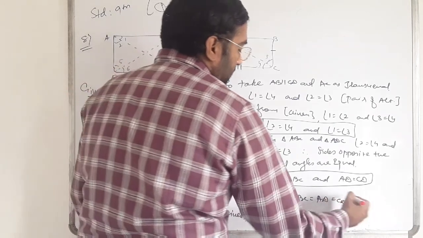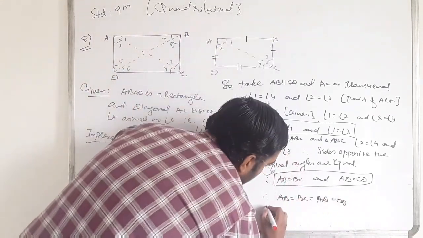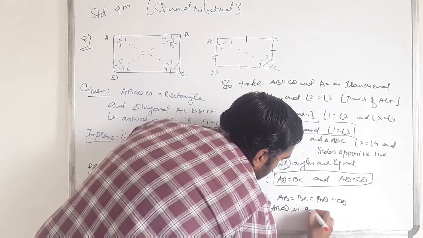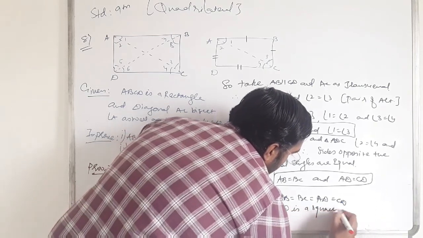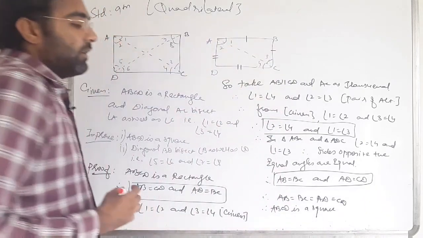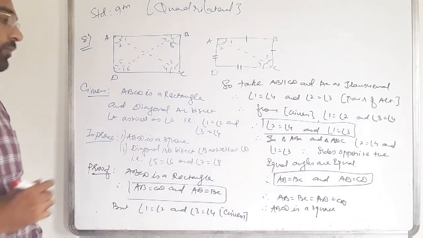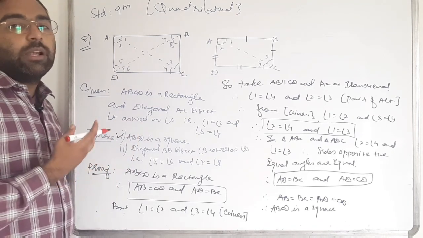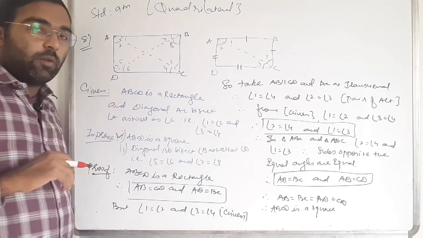So all these sides are equal, therefore ABCD is a square. Okay, here one thing has been proved, that ABCD is a square. So now we have to take all the sides as equal in the given.